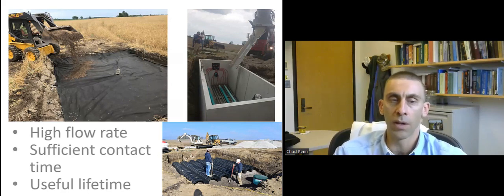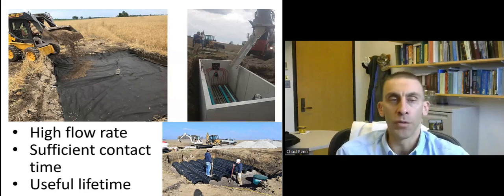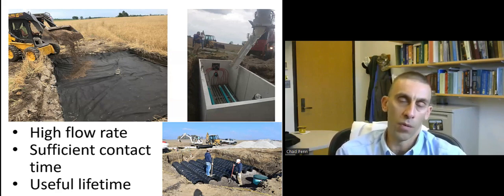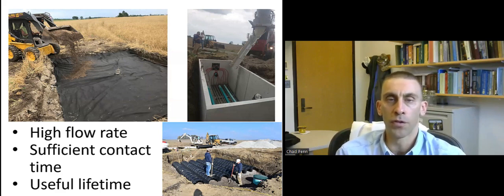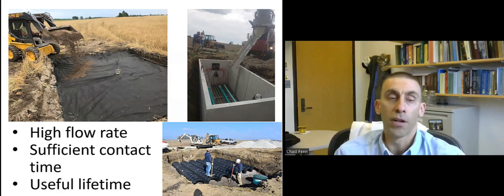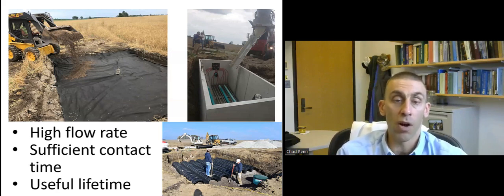So why is that? Well, it's because you need a large mass of media to handle a sufficient flow rate. Keep in mind that the majority of your dissolved phosphorus is being transported during your biggest flow events with the highest flow rates. So your structure has to be designed to handle relatively high flow rates. They also have to be designed to handle a sufficient contact time.